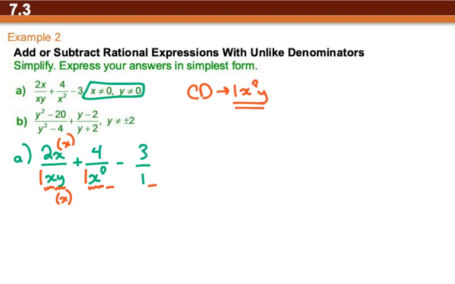This next one, the denominator is right now x squared. We would need to multiply by y on the top and the bottom to create a common denominator of x squared y. And our last fraction only has a denominator of 1, so in order to make the x squared y common denominator, we'll need to multiply by x squared y.